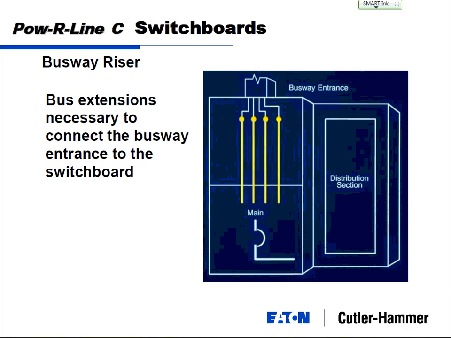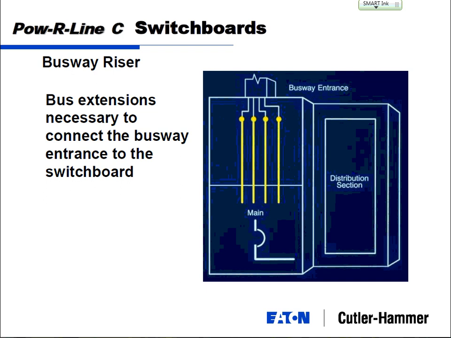I don't think you guys have talked about busway yet. Next project. But everything I've talked about to this point has been cable. Cable is the way to distribute power from one piece of equipment to another. A second alternative method is called busway. Busway is phase bars.